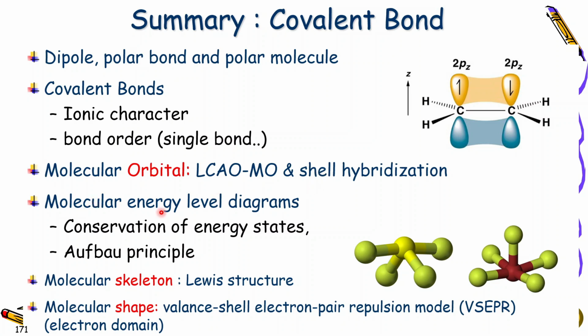For the molecular energy level diagram, you need to know the conservation of energy states and the Aufbau principle. For the molecular skeleton, you follow the Lewis structure. We skip this topic, right? For the molecular shapes, we follow VSEPR, which is about electron domains.